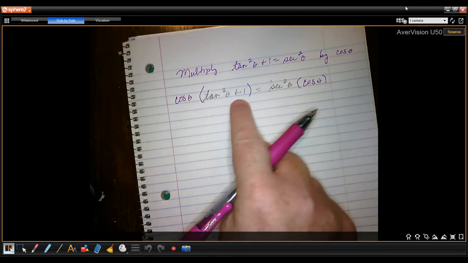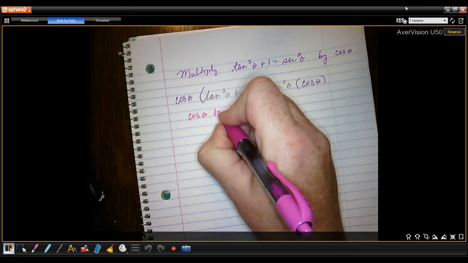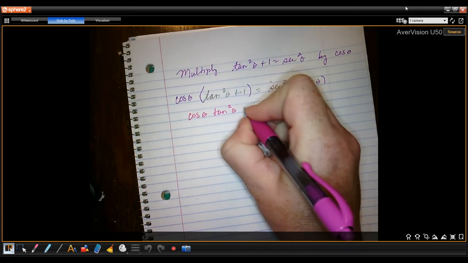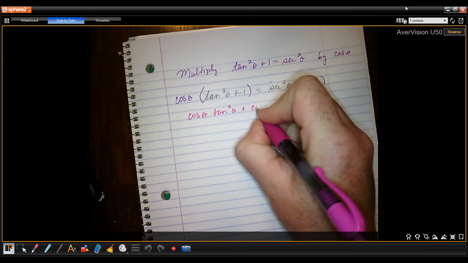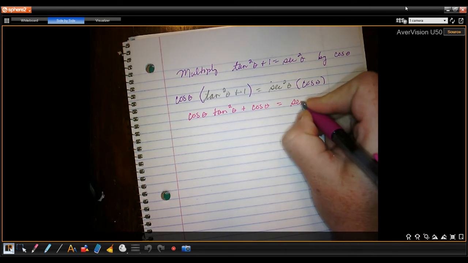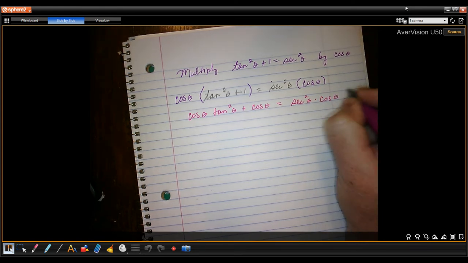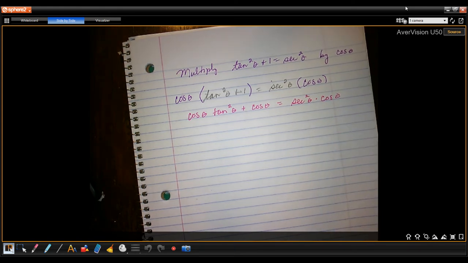First thing you have to do is the distributive property. So cosine theta times tangent squared theta, and then cosine theta equals secant squared theta times cosine theta. So we just straight multiplied there.